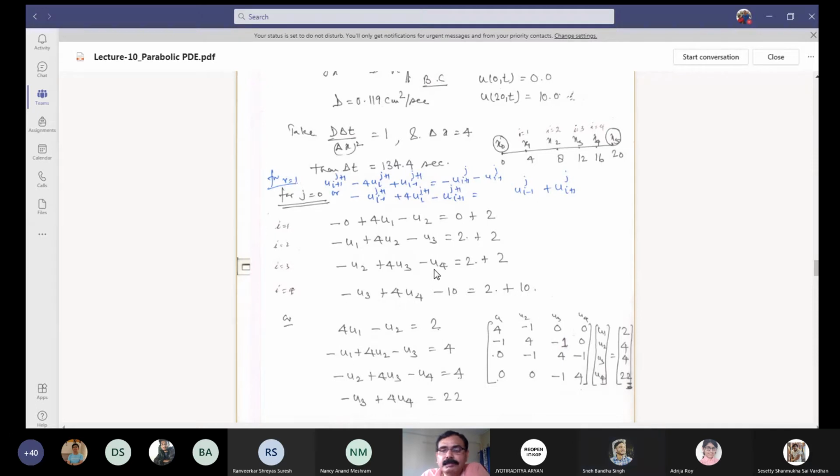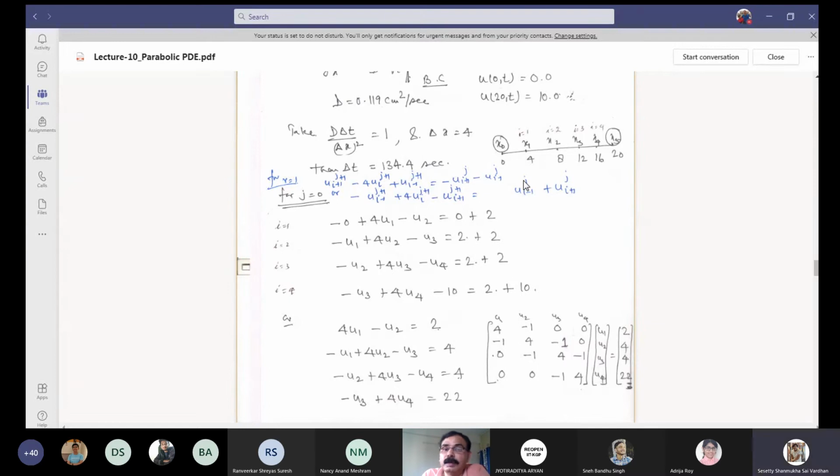Yes, sir. Then if you see the right hand side for I equal to 1, j equal to 0, it will be u 0,0. That is 0, right? But that is not 0. This is your initial condition because j is 0, that is your delta t is 0, I is also 0, means it is the boundary condition also.